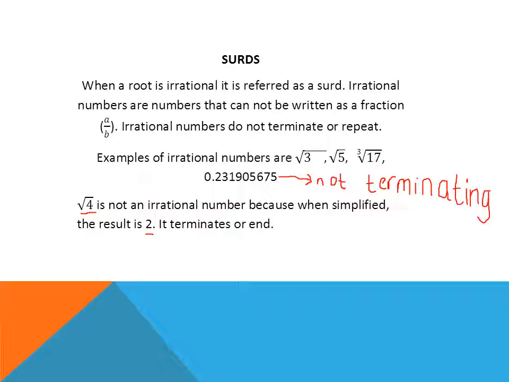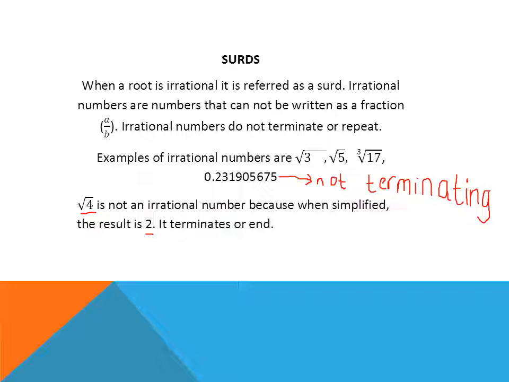So if you have 0.12204, yes, continue. You can see that the numbers are not repeating, as indicated in the example. So we have 0.231905675.